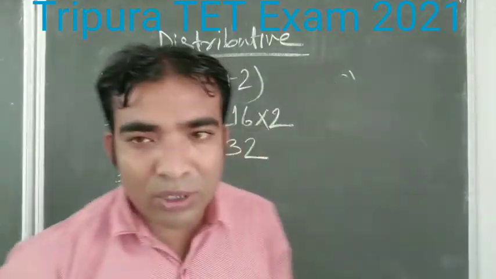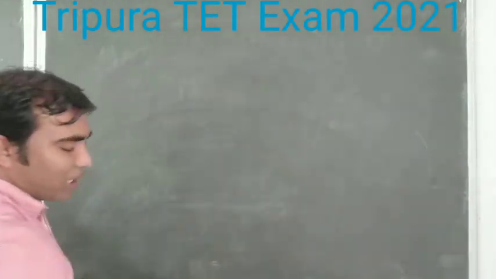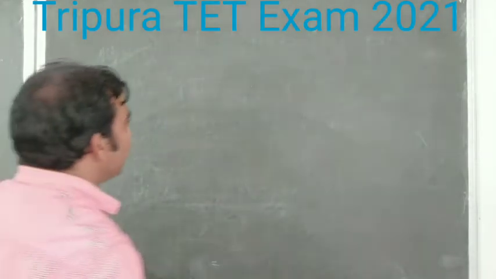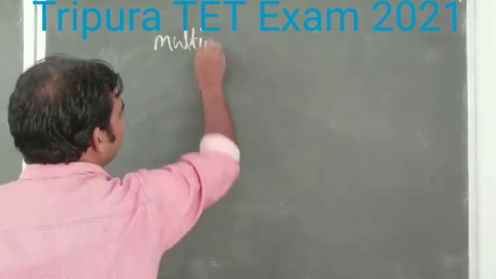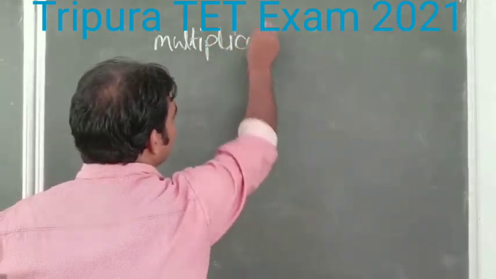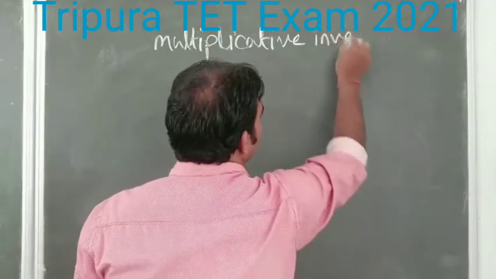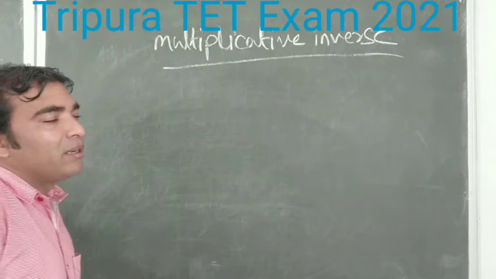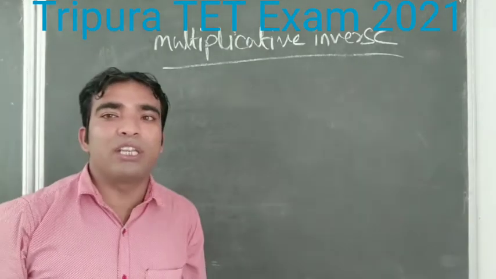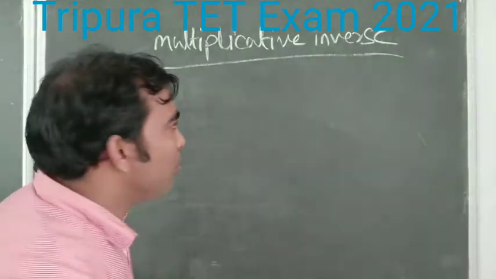One more thing I want to discuss, that is the multiplicative inverse. What is the multiplicative inverse and what do we mean by the additive inverse? First of all, multiplicative inverse. Remember that a multiplicative inverse is such a number that when we multiply these two numbers, the result should be 1.